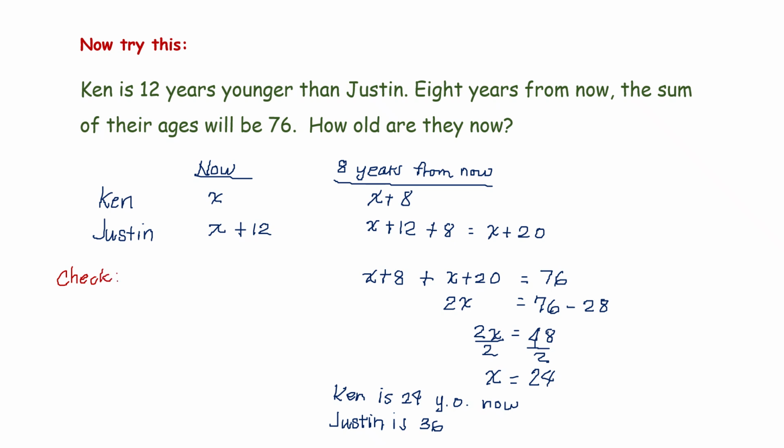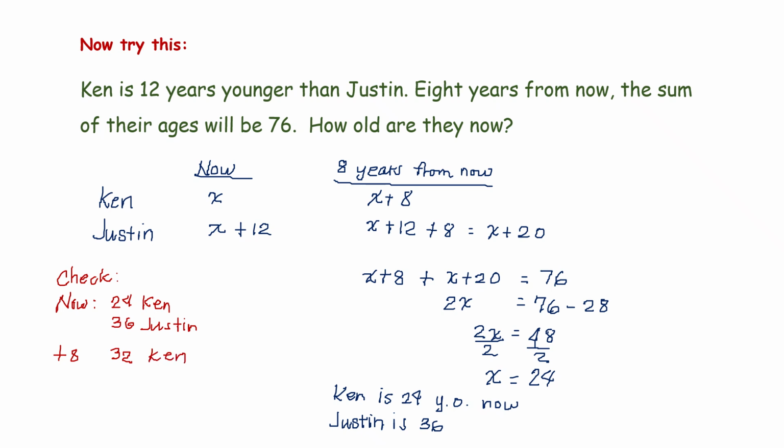Okay. So Ken is 24. That's Ken. And Justin is 36. Eight years from now, so plus 8, Ken is 32.